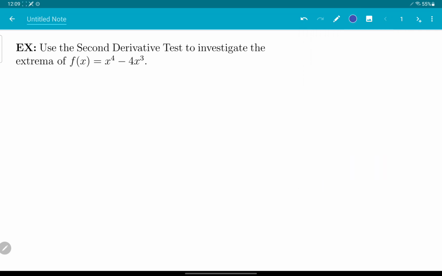So what we'll do is we will find the critical numbers, pause and copy if need be, find the critical numbers, and then test them. So my CNs, well, I need f prime. F prime of x is 4x cubed minus 12x squared. Factor that, take out a 4x squared.